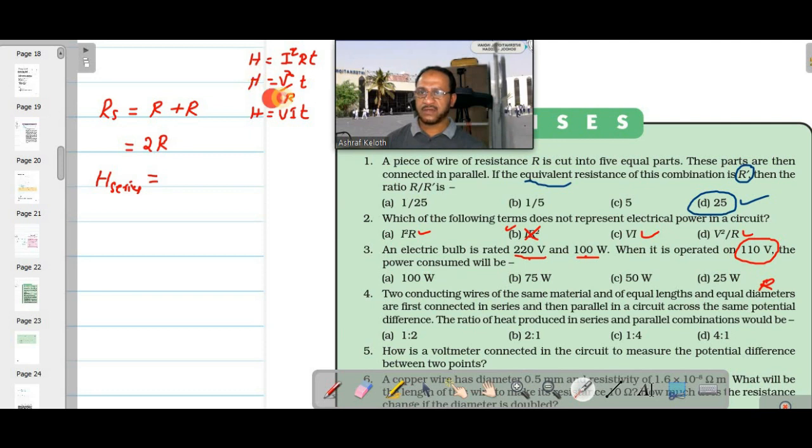So remember, in this type of question you have to apply the equation without current, only voltage and resistance. If you use I square RT, you will not get the answer. VIT also will not give the answer, because I will be different for different combination. In series and parallel, I will be different. But V will be same.